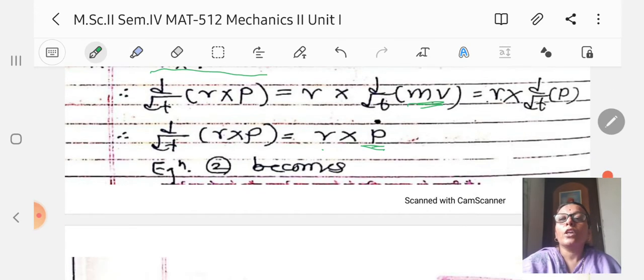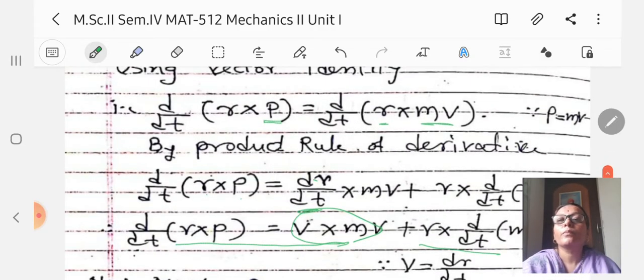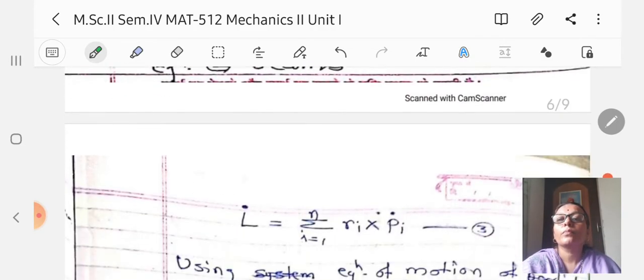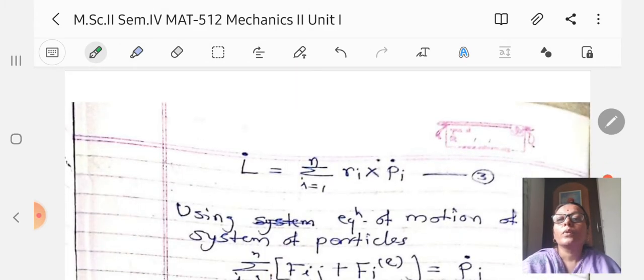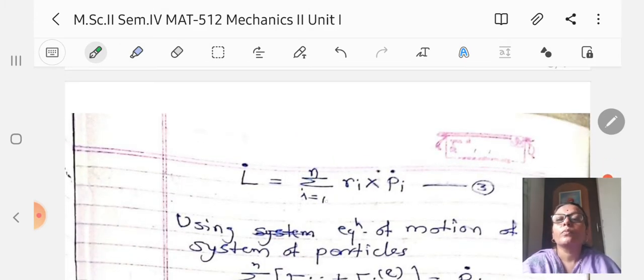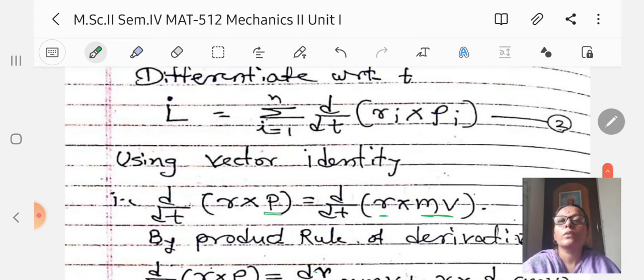Now this equation second becomes L dot equal to summation i from 1 to n of r i cross p i dot, by equation second. This was equation second.